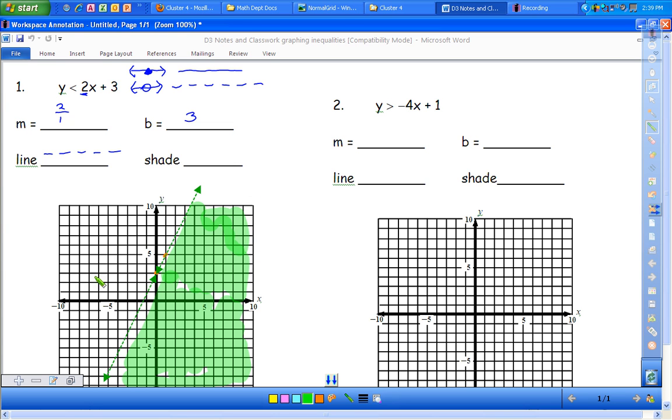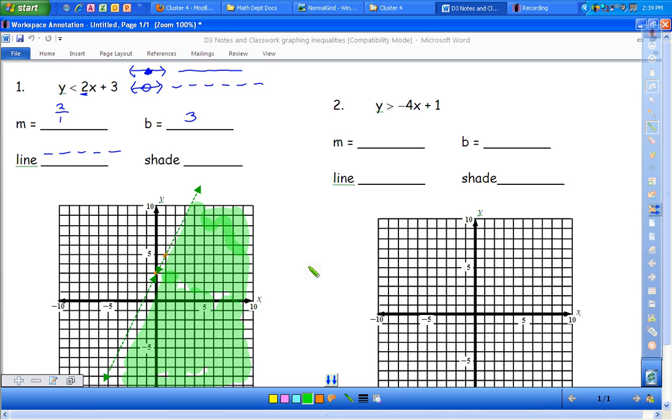We have half of the plane here and we have half of the plane here. Hence the word half plane. The other thing that splits those things into a half is called the line, or the boundary line. So the line that we have just graphed is the boundary that separates this half of the plane from this half of the plane. And those are our new vocabulary words.